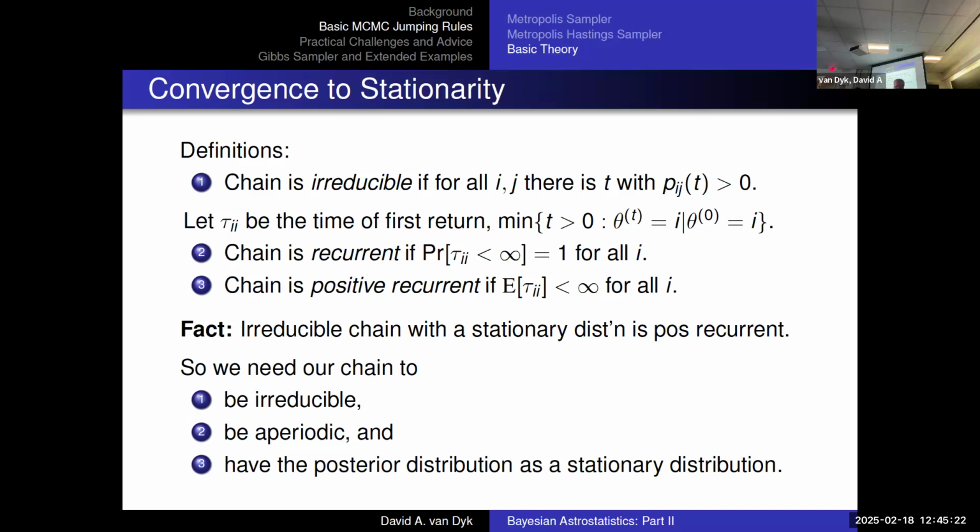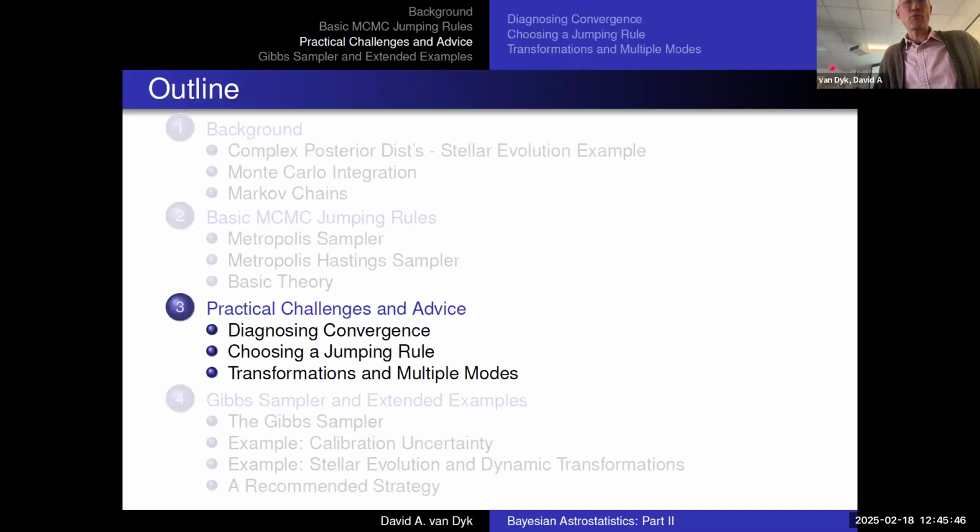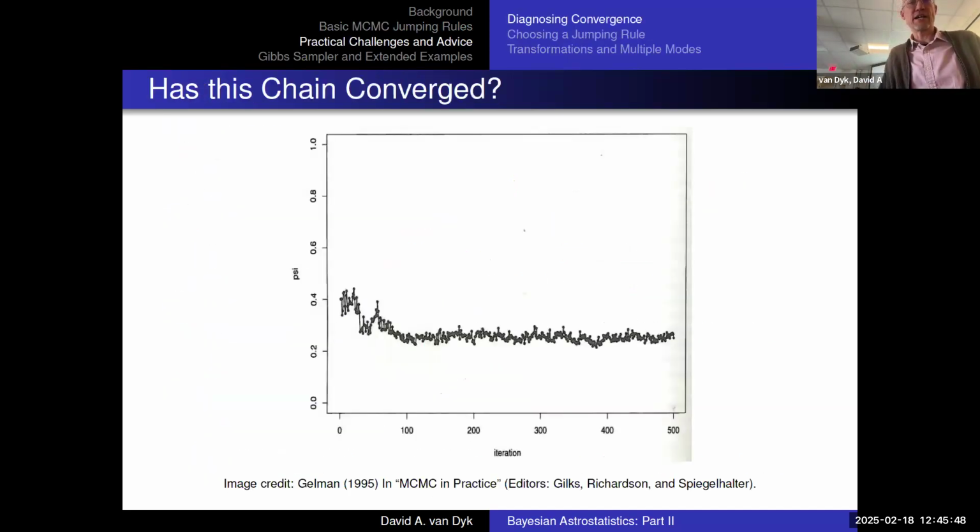Aperiodic just means that I can't only be at this value of the parameter space on even numbered draws or on draws that are divisible by 5. If it's something very strange like that, that's going to be problematic. Don't do something like that. And then the posterior distribution is the stationary distribution. Well, that's what we already described. If you're interested in the mathematics, this is a good place to get some of the keywords. But it's not that important for figuring out how to run these things.